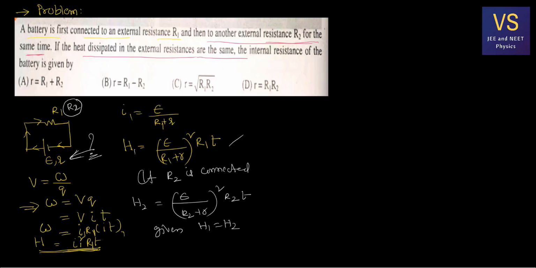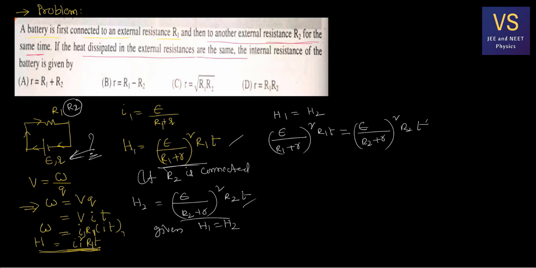So I got H1 value, I got H2 value. I can just equate both of them. Let's equate. What happens in that case? H1 is equal to H2. H1 is this: E by R1 plus R whole square, R1 and T. This is H2: E by R2 plus R whole square, R2 and T. These times are same, given in the problem, so it gets cancelled.